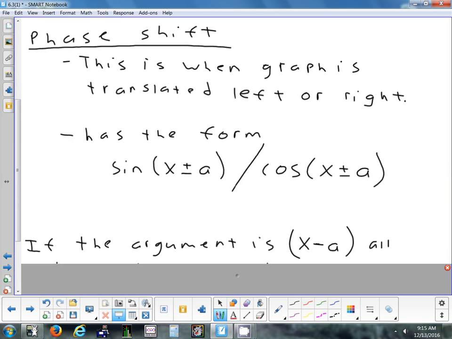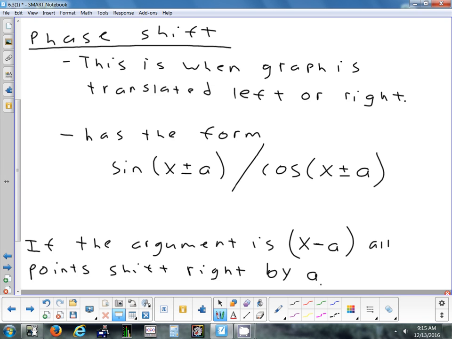What do you think is going to happen if you subtract a number? Is that going to shift it to the left? Or would that shift it to the right? Inside. The inside is called the argument. That's what's inside the parentheses. Nick? Yeah, if you subtract a number, that's going to shift it to the right. By how much? Well, depends what you subtract.